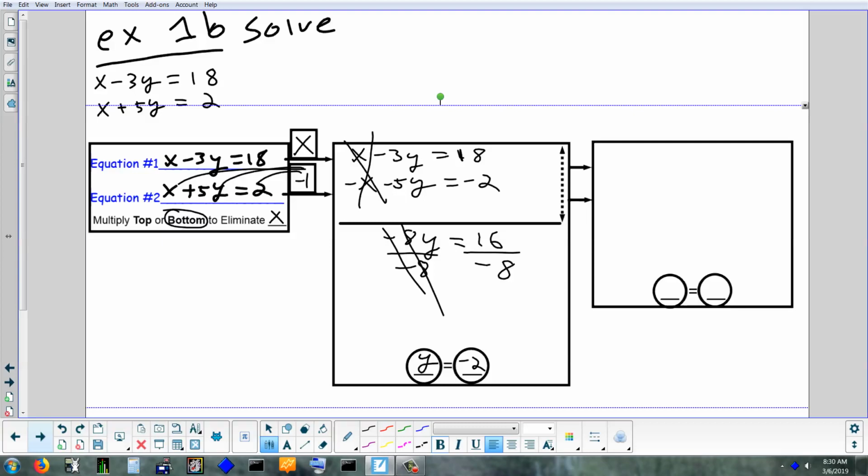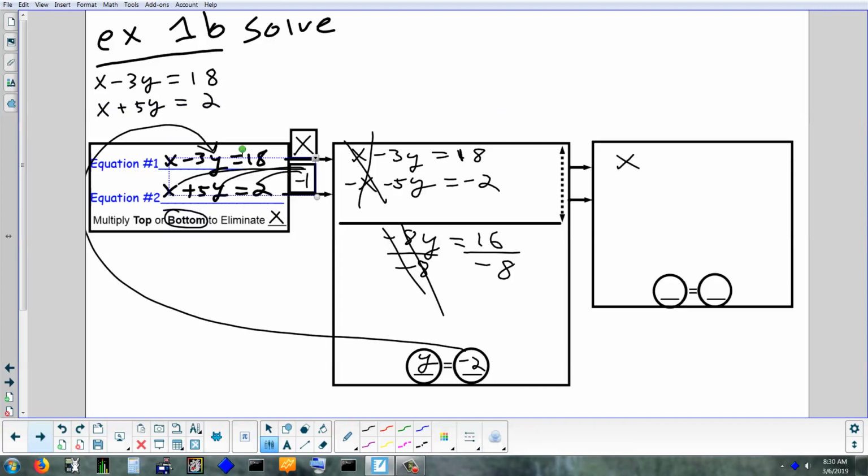Top. Yeah, sure. We can plug it into the top. There's really no wrong choice here for what you plug it in for. So we have x, and then we have -3 times -2. That's what we're filling in right here. -3 times -2 equals 18.